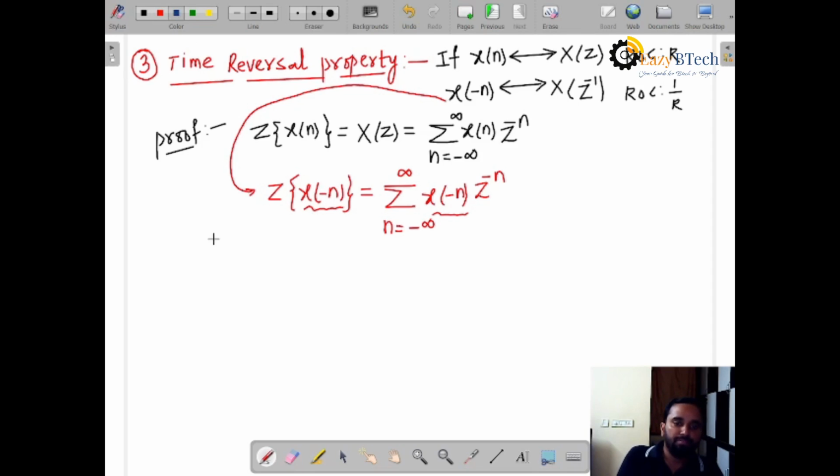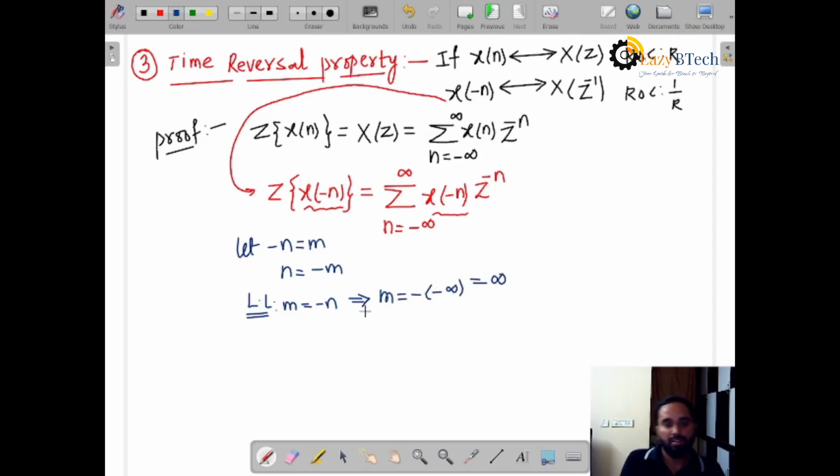Let's see the simplification. Let minus n be equal to m, so n becomes minus m, and the limits: lower limit and upper limit. So m is equal to minus n; the lower limit of n is minus infinity, so minus of minus infinity is plus infinity. Similarly, the upper limit: m is equal to minus n, the upper limit is plus infinity, therefore minus infinity.